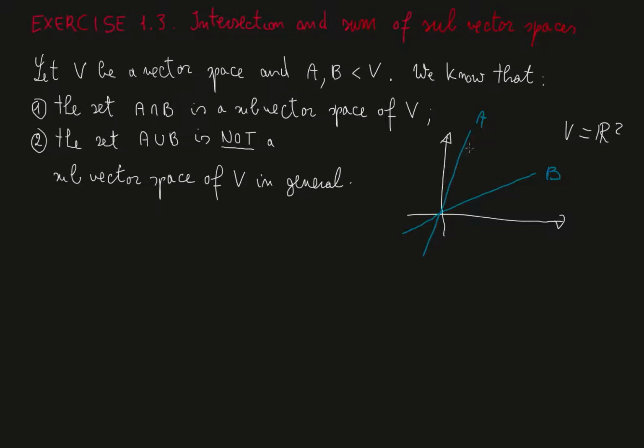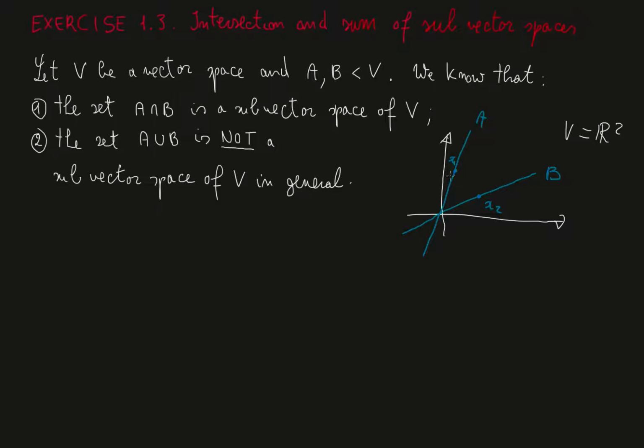So if I take, for example, two vectors in the union A union B and I sum them up, I still get a vector inside A union B. Now let's take a vector here in A, let's call it x1, and then take a vector in B which is not the zero vector. None of them is the zero vector, and we call it x2, and sum them up.